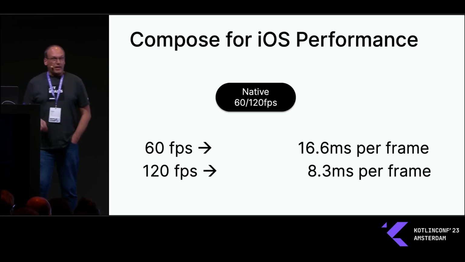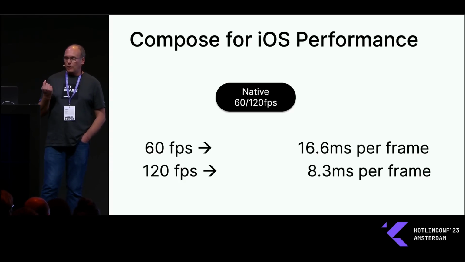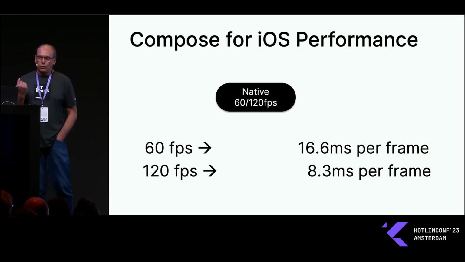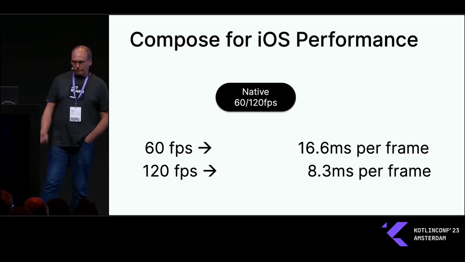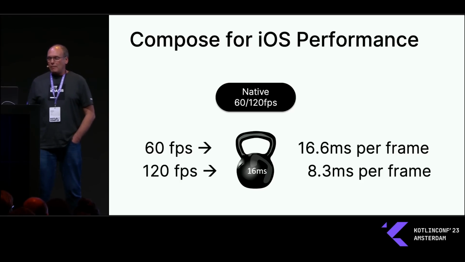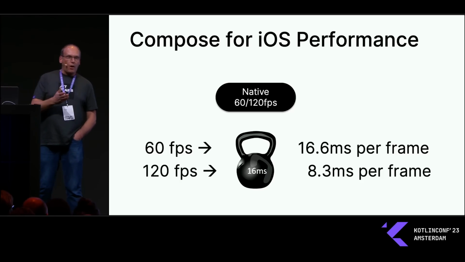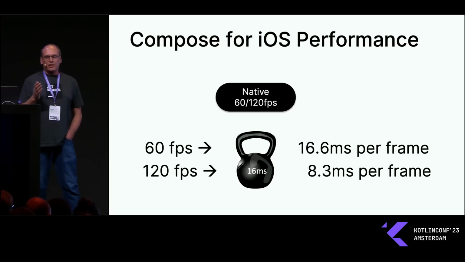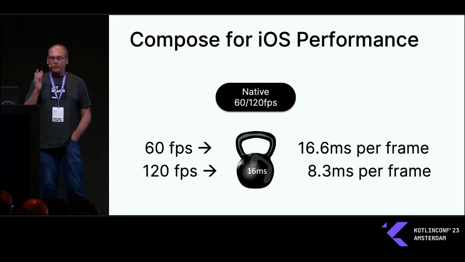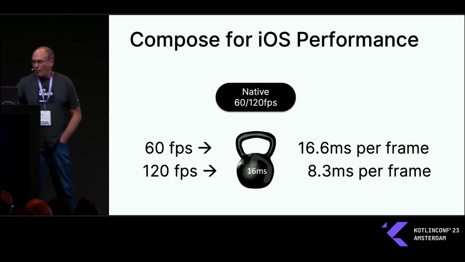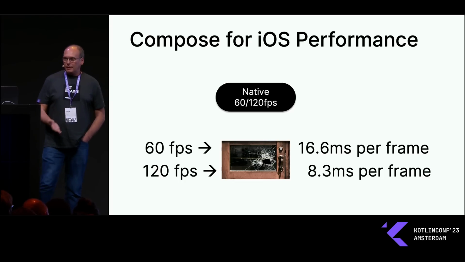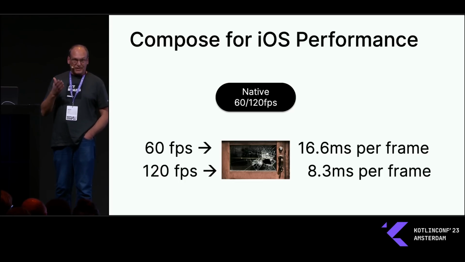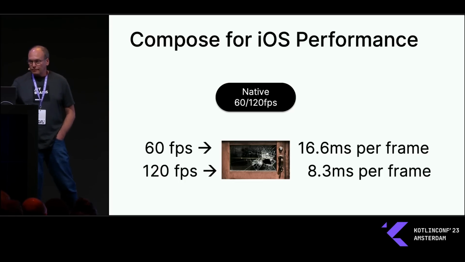And it means that we have only 16 milliseconds or even 8 milliseconds to do all rendering stuff within a frame. And if we do something heavy in the main UI thread for just 16 milliseconds, we immediately lose a frame, and users will notice it and will perceive it as a lag.